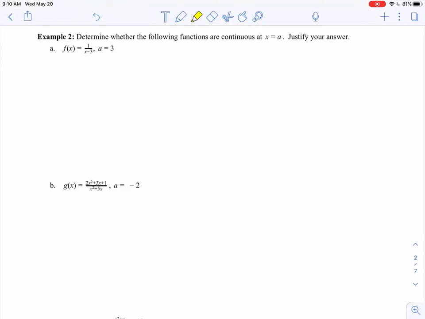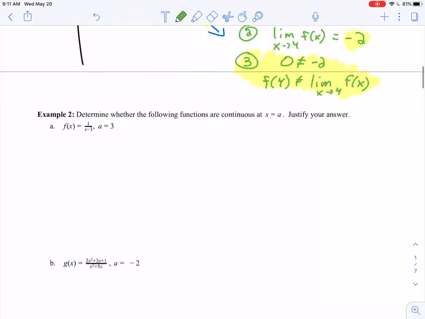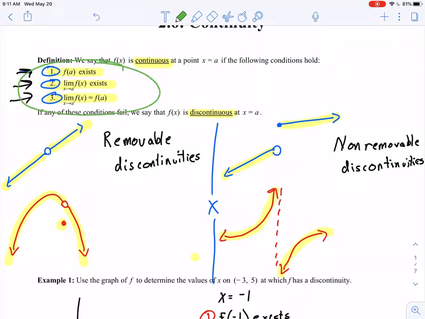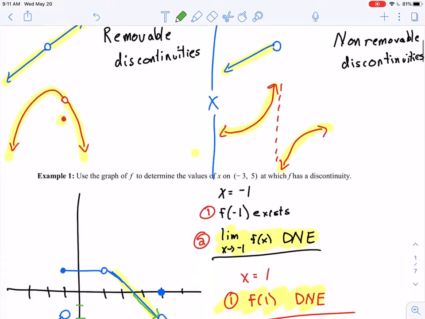And again, you can just go back to that checklist, right? Go back to that definition of continuity and check these three things. That's really what I'm interested in. I'm just going to work my way through those three things, and as soon as one of two things will happen, either one of those three things will fail, and then I'll be able to say, well, it's discontinuous, or I'll be able to get through all three things and say, yep, it's continuous, and then I'll kind of have my justification built in.